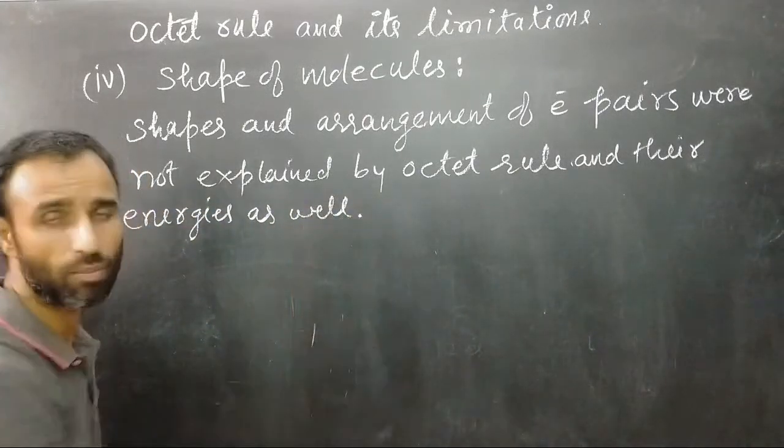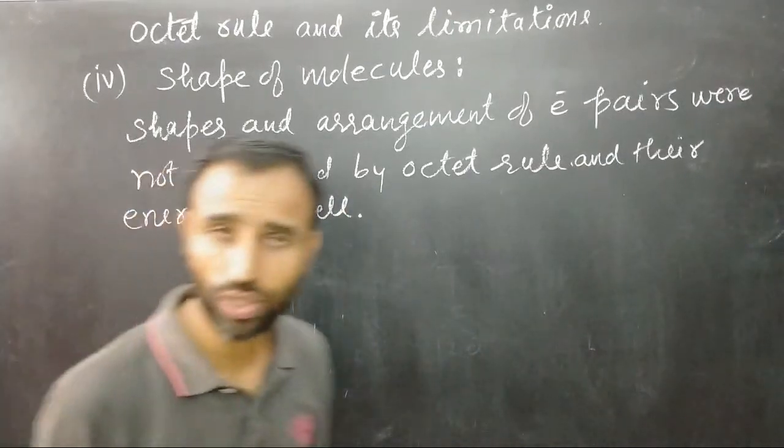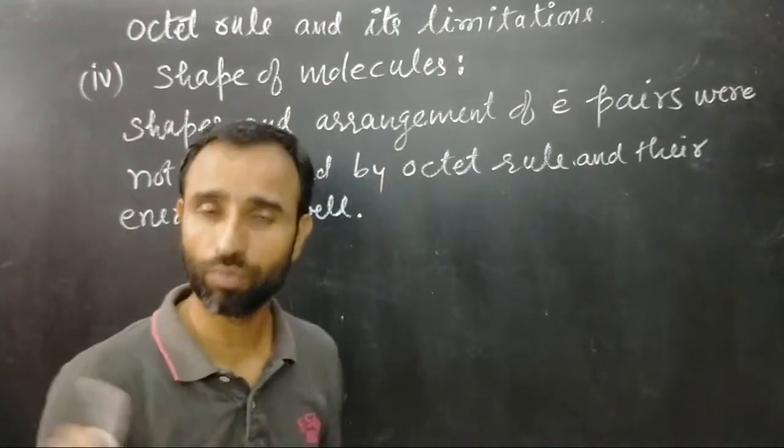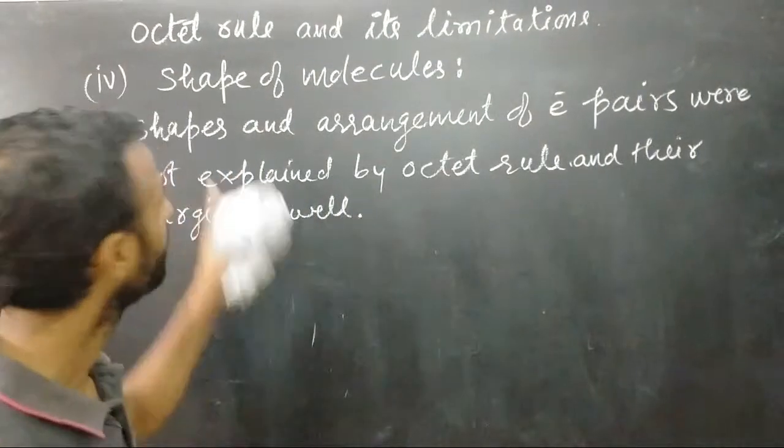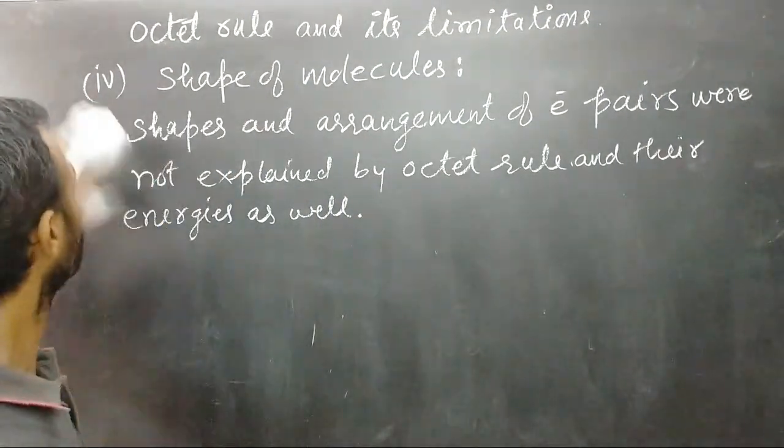What is the energy of the molecules? What is the shape of the molecules? What is the arrangement of electron pairs? That is not explained by the octet rule.